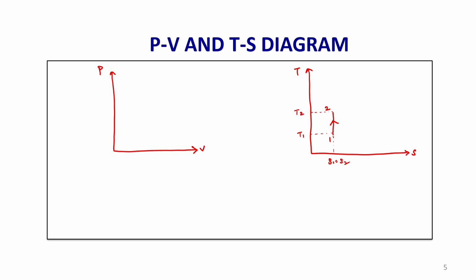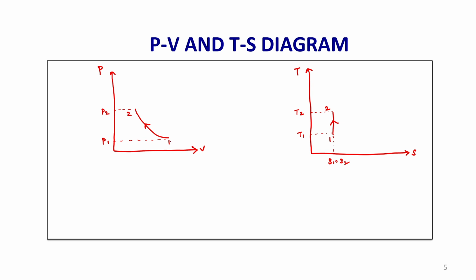So, this is an isentropic compression process on a temperature entropy plot, and on a pressure volume plot, this is a reversible adiabatic compression process, where the pressure increases from P1 to P2. The pressure and the temperature of the working fluid are raised during the compression process.